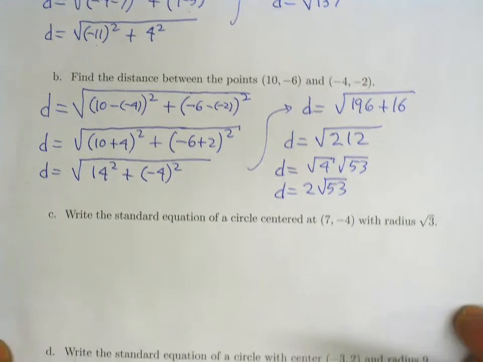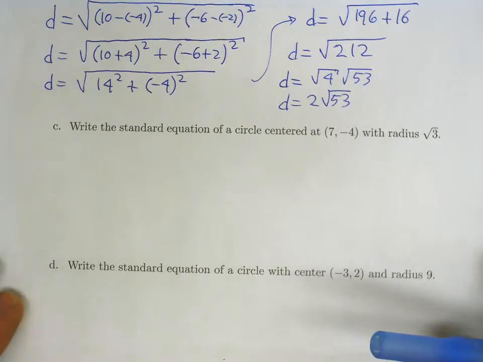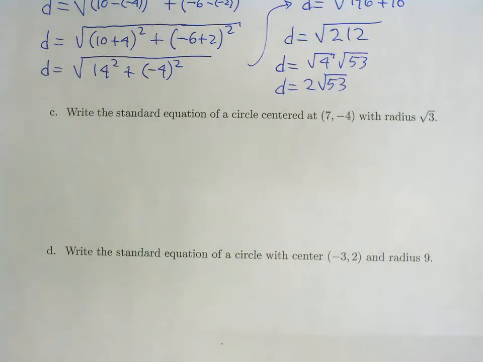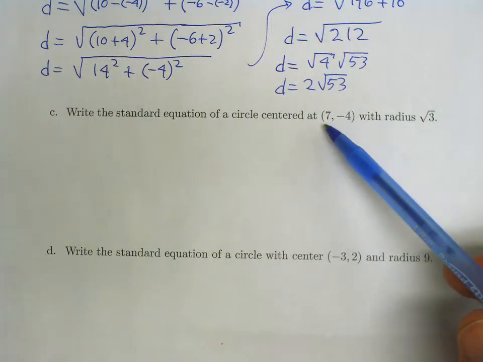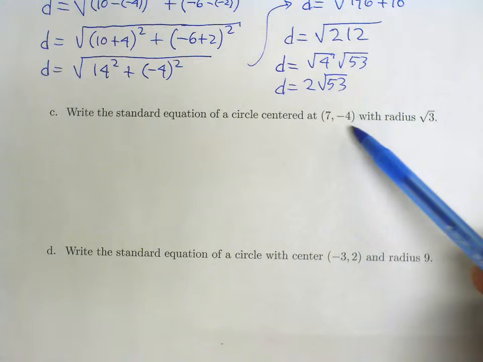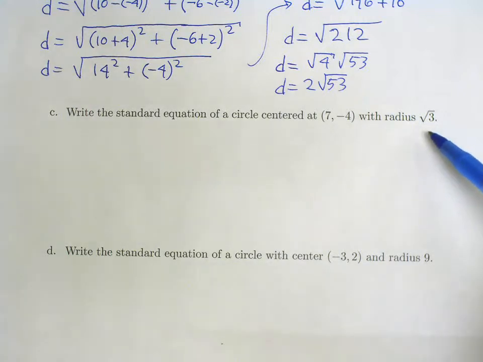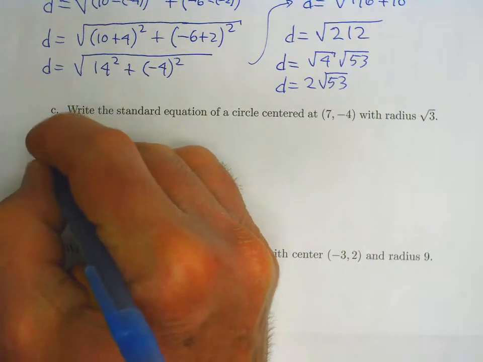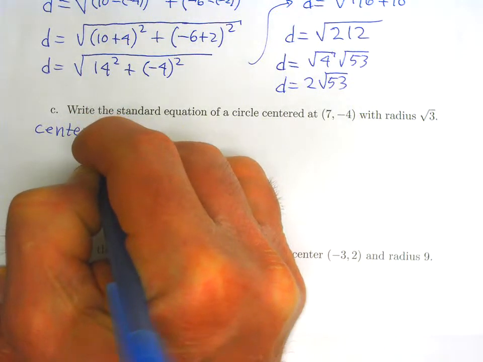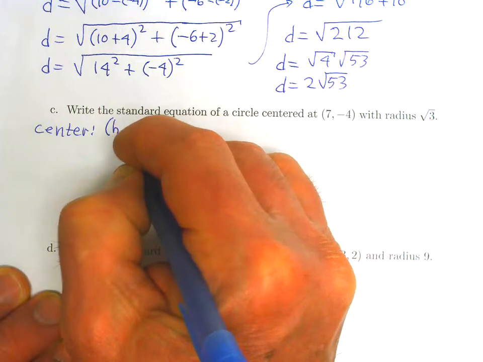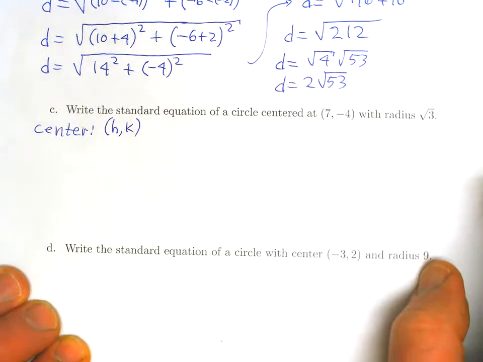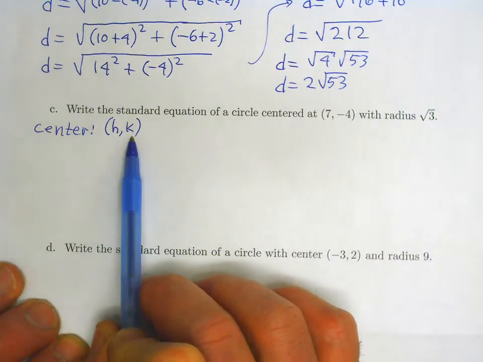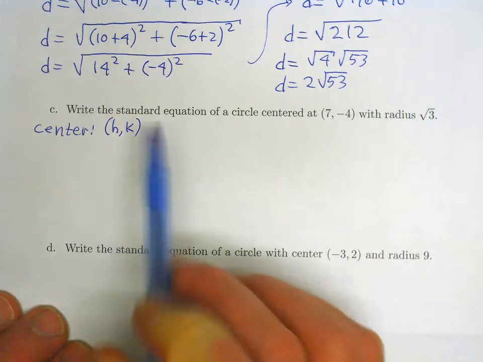Okay, now we'll start talking about circles. This one says, write the standard equation of a circle centered at the ordered pair 7, negative 4, and with radius the square root of 3. So I'll write down in general, if the center of a circle in the xy plane is the point (h, k), that means the x coordinate of the center is h and the y coordinate of the center is k.